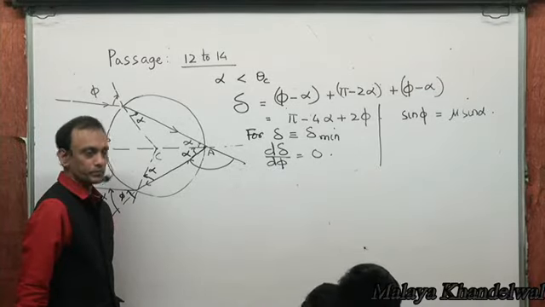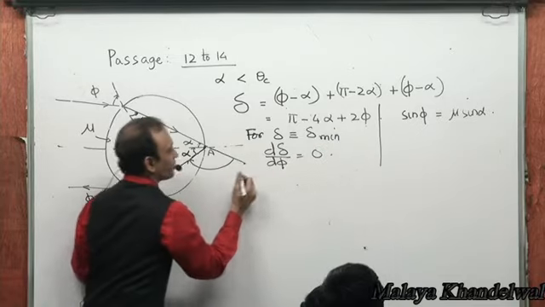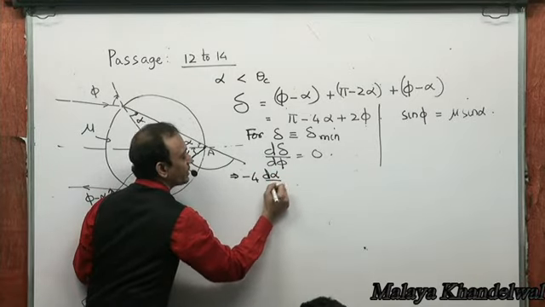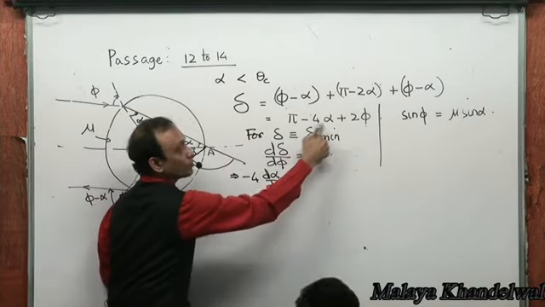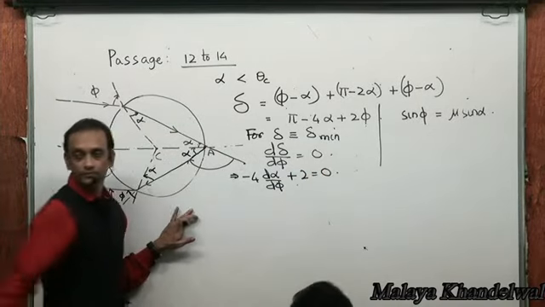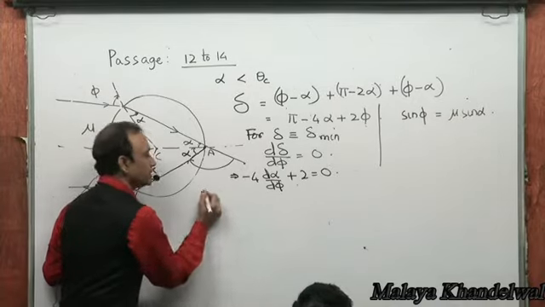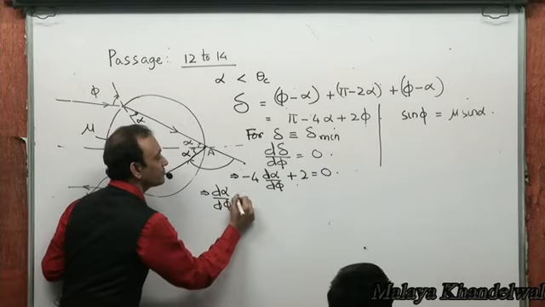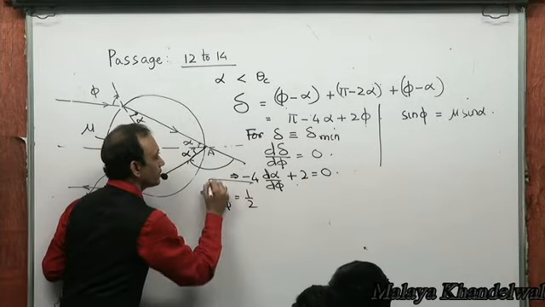Right? So if I differentiate this with respect to phi, I end up getting minus 4 d alpha by d phi plus 2 is 0. This is what I get. So this gives me d alpha by d phi as half.